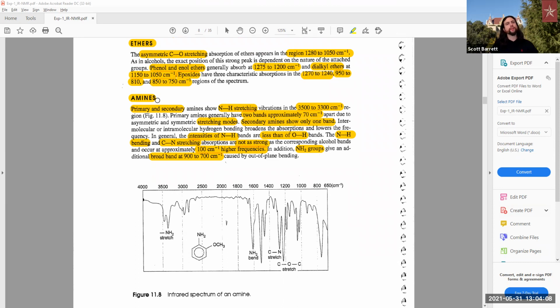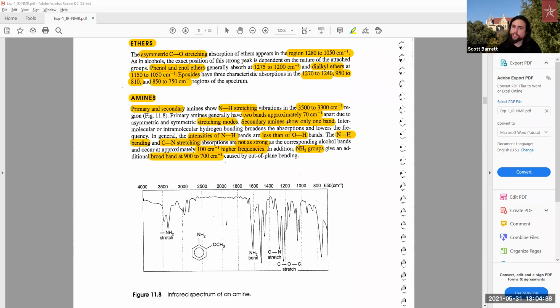But going forward, amines: the primary and secondary amines show nitrogen-hydrogen stretching in the 3,500 to 3,300 inverse centimeters. Primary amines have two bands approximately 70 inverse centimeters apart due to the asymmetric and symmetric stretching modes, whereas secondary amines will only show one band, in that similar region as well. In general, the intensities of the nitrogen-hydrogen bands are going to be less.